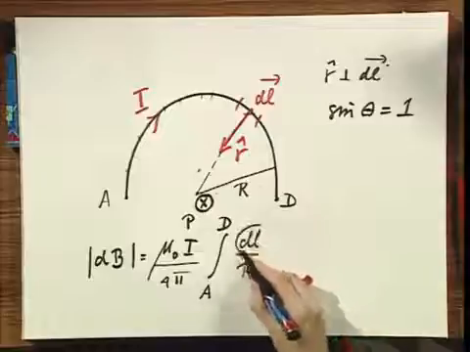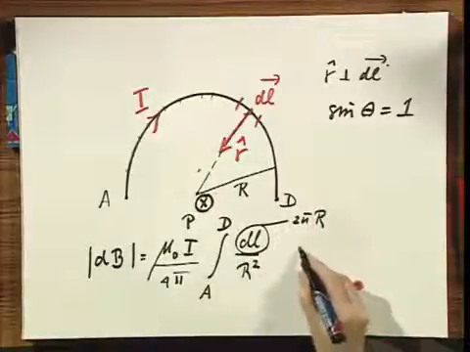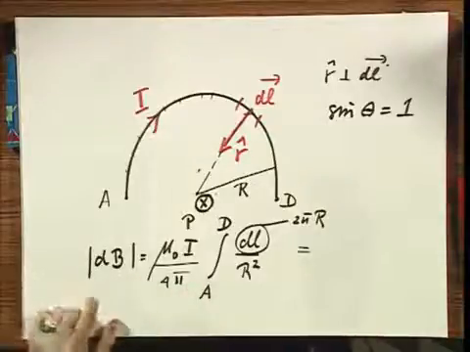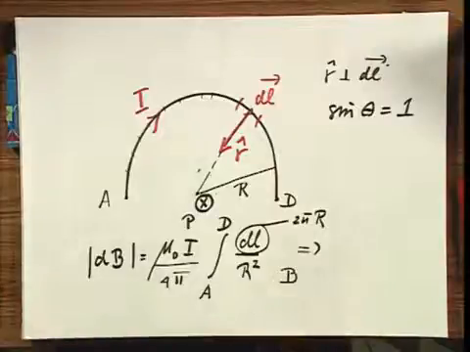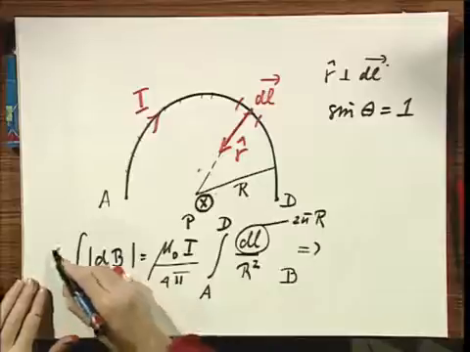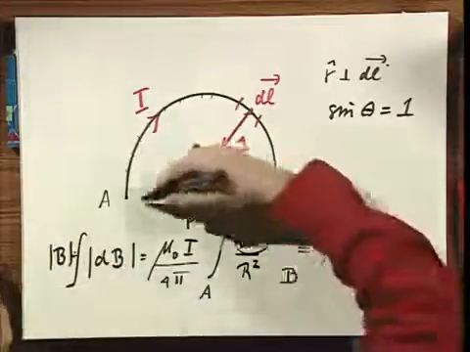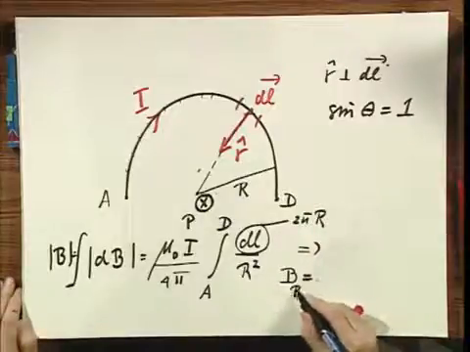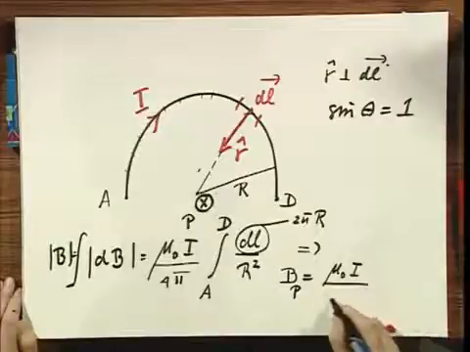But the integral of dl is simply the length of the arc. So this should be the integral of dB, so this is really B. It's the integral of all these elements. So what comes out at that point P equals mu 0 times I divided by 4r.